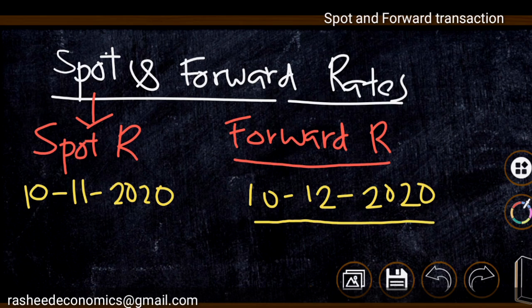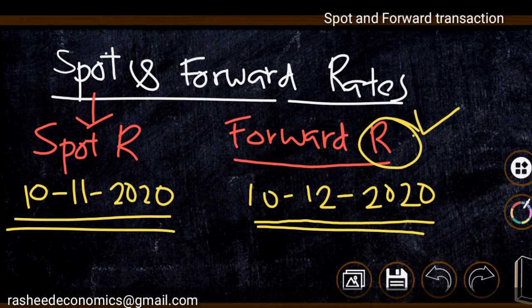This rate after 1 month, that is the future rate, is fixed on the date when the agreement is drawn. That is, this rate of exchange is fixed on this date itself. Therefore, we will be having a spot rate and a forward rate at present itself.